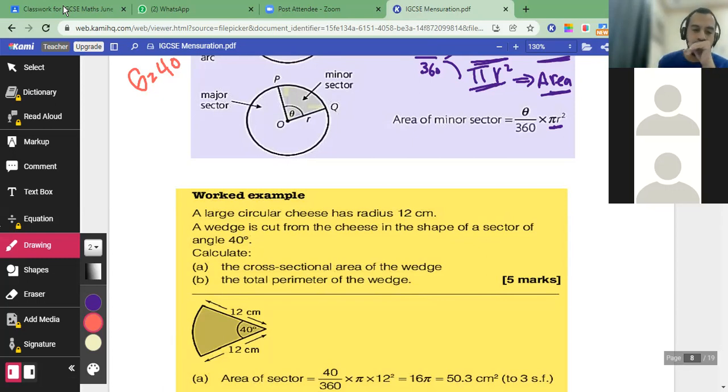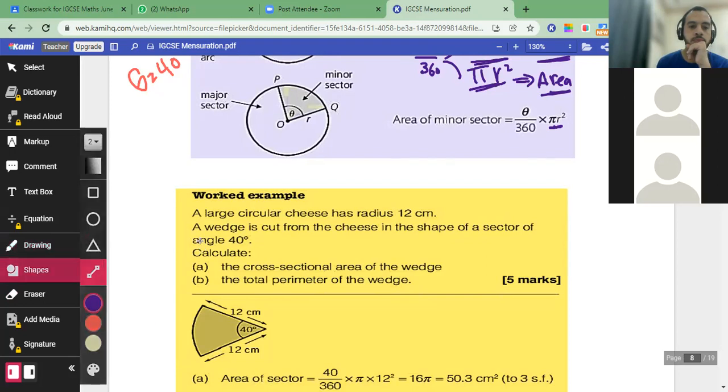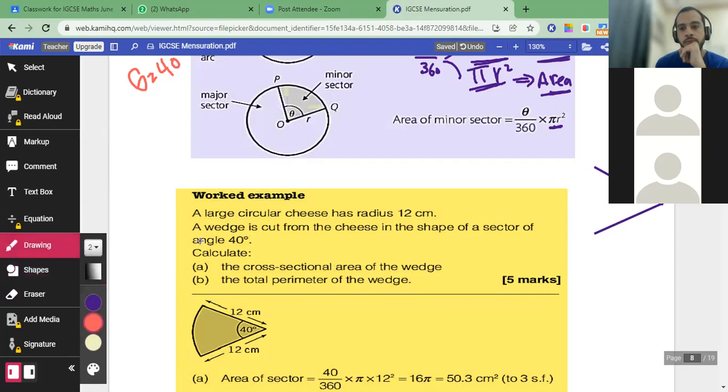طيب هي أصلا الرسمة تبقى عاملة إزاي؟ لو أنا جيت أرسمها زي ما علمناكم من شوية. He says that the radius is 12.